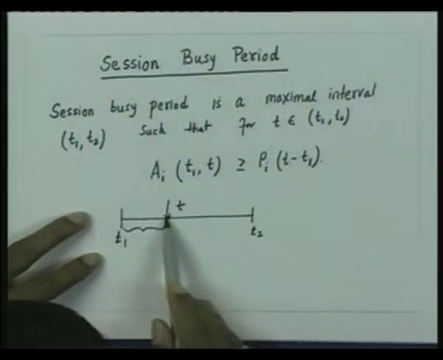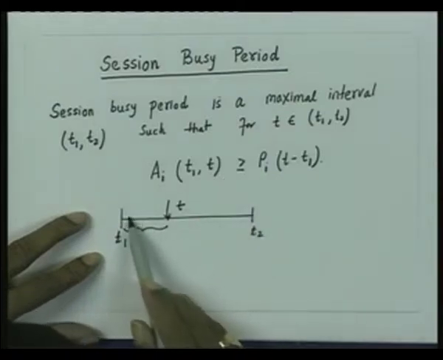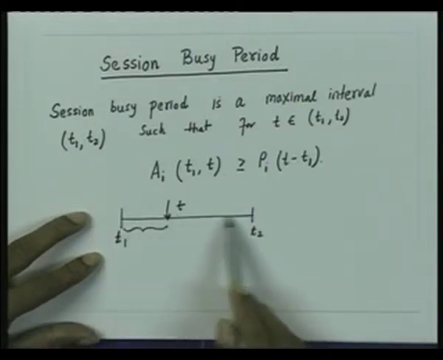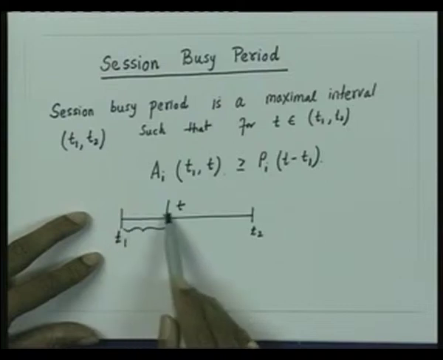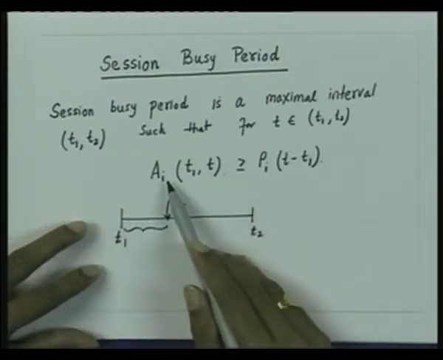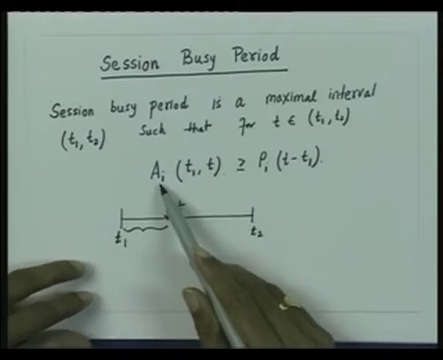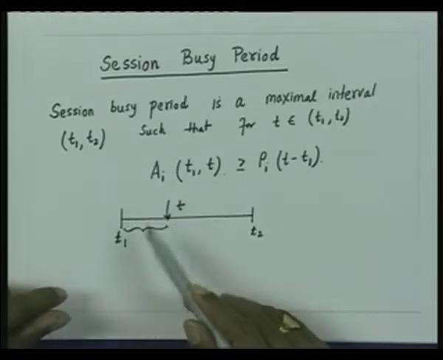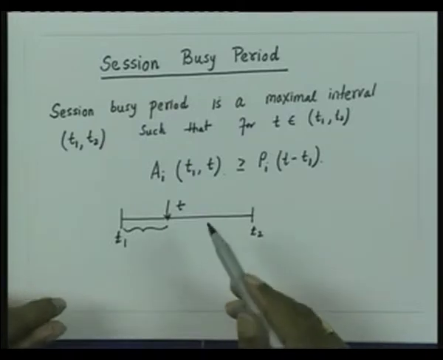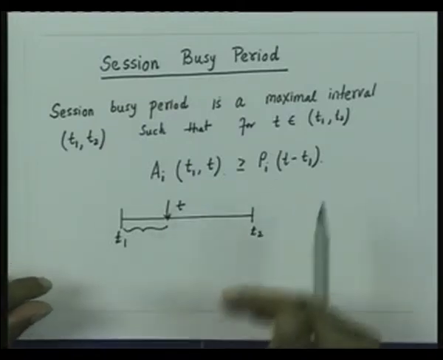Now if this relationship is true, then this session is backlogged. And obviously, if this relationship is true over this interval t1 to t2, then we say that the session is in busy period. This is called a session's busy period.